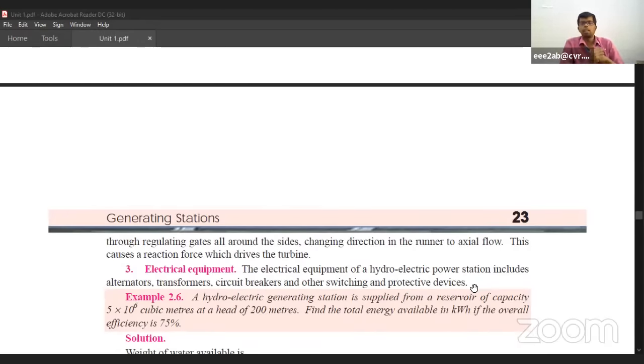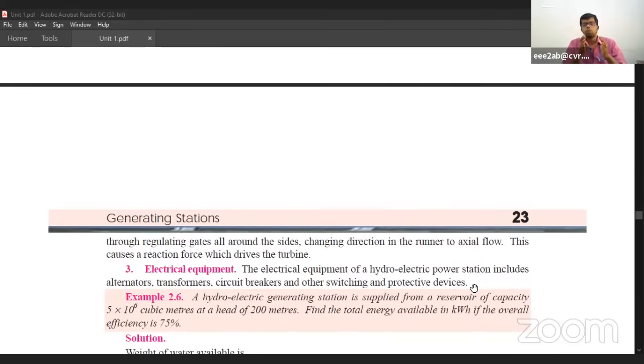If you go near the pole mounted transformer and see the nameplate details, you will find 11 kV by 415 volt transformer. Near your streets, every 2 or 3 streets, you will find a pole mounted transformer of that rating, 11 kV by 415.